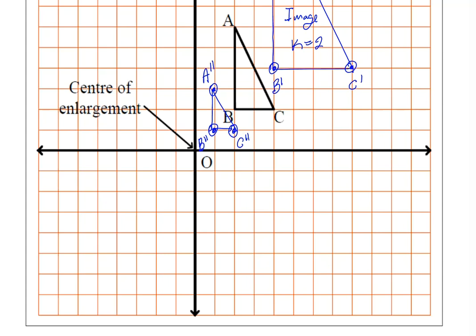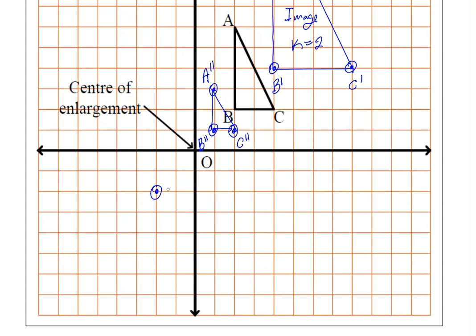So the distance from the center, I'm going to go in the opposite direction from the center of enlargement to get to the image. For example, from the center to B, it's 2 right, 2 up. The opposite direction would be 2 left, 2 down. This would be the new position of B.